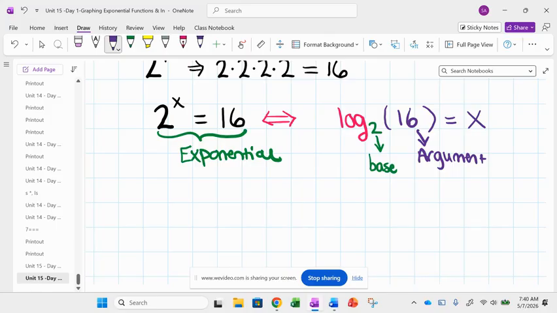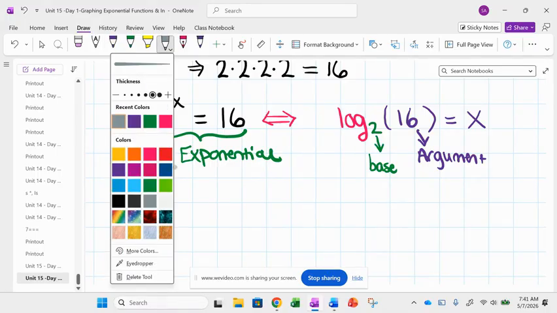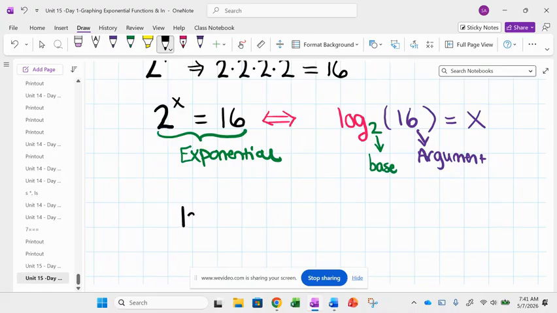And we can go both ways. What do I mean when I say we can go both ways? I mean, if I have an exponential equation like this, I could write it as a log, but also if I have a log equation like this, I could go back and write it as an exponential. So it goes both ways. The general form of a log will be log, with a subscript that is our base, whatever the base is.